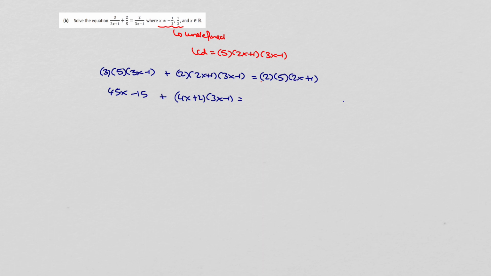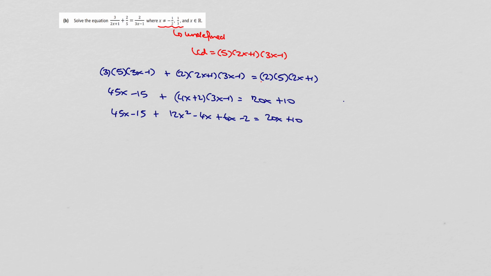And 2 times 5 is 10, and 10 times 2x is 20x plus 10. We just need to multiply out the second brackets here. 4x by 3x is 12x squared. 4x by minus 1 is minus 4x. 2 by 3x is 6x. And 2 by minus 1 is minus 2.